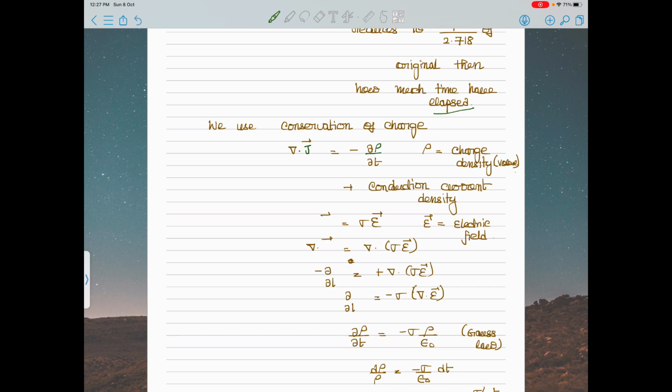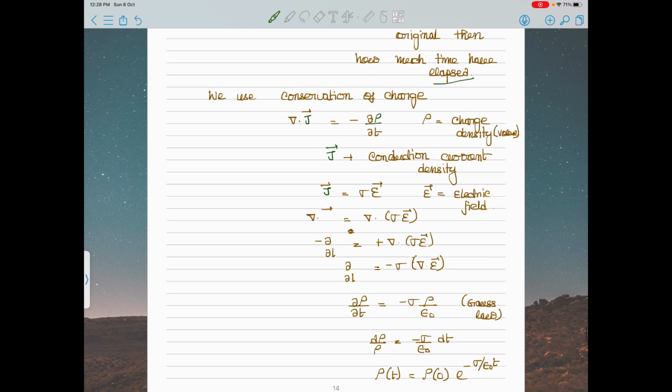Now rho is the charge density, particularly the volumetric charge density, and J is the conduction current density. So J can be written as sigma E, and del dot J is del dot sigma E, therefore delta rho by delta t is minus sigma del dot E, and this is how we can proceed.